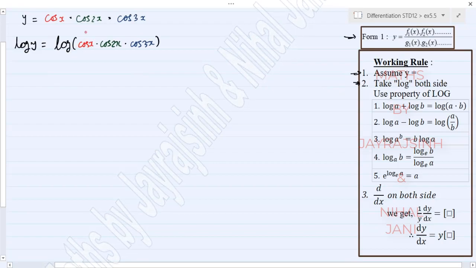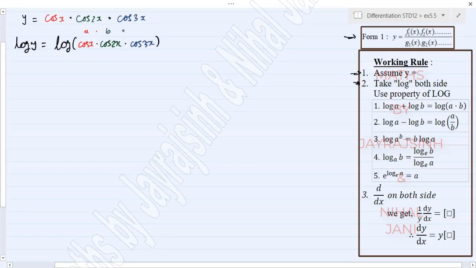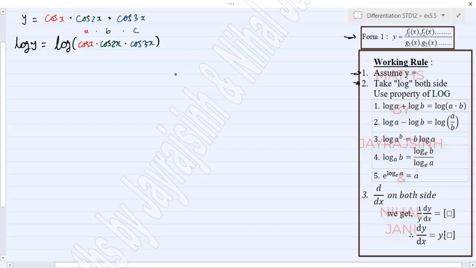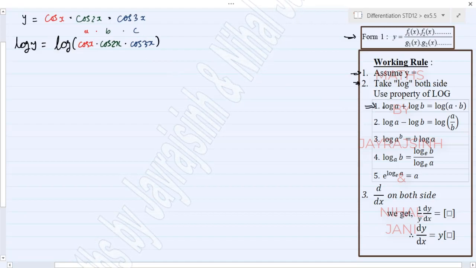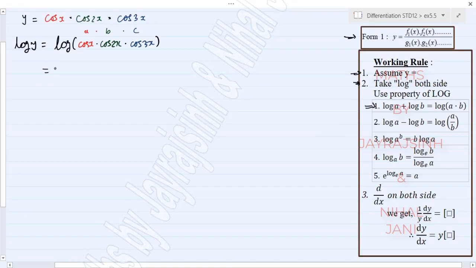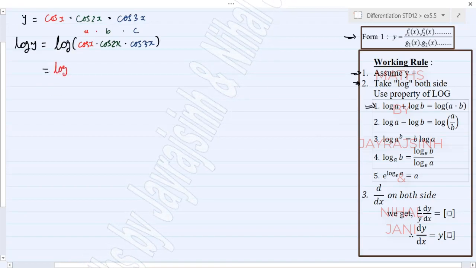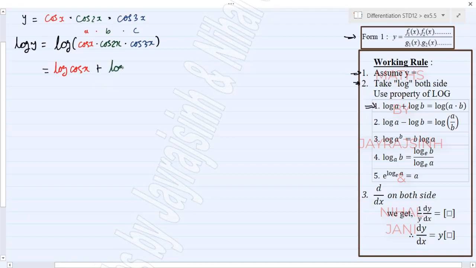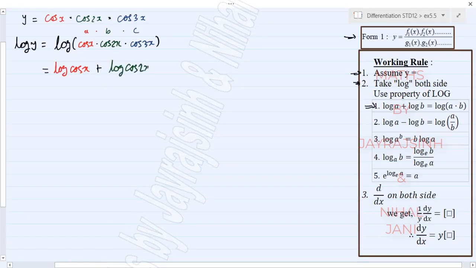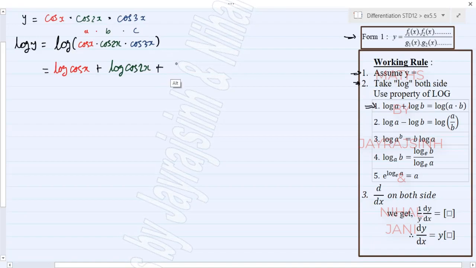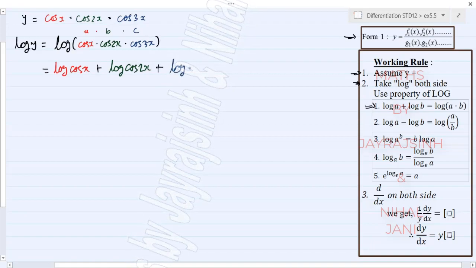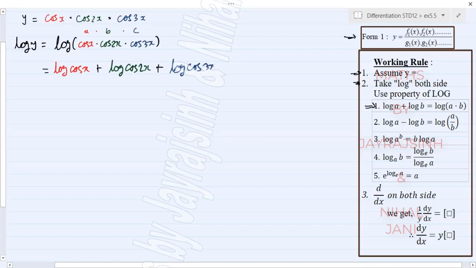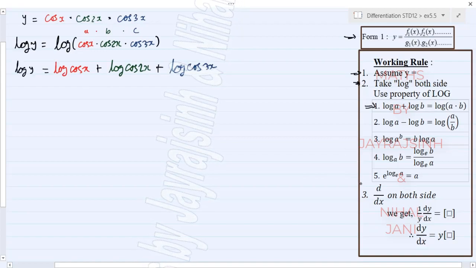Here we have log of a into b into c, so we can use the first property to separate them. We'll get log of a, which is log cos x, plus log of b, which is log cos 2x, plus log of c, which is log cos 3x. So here we complete our second step.